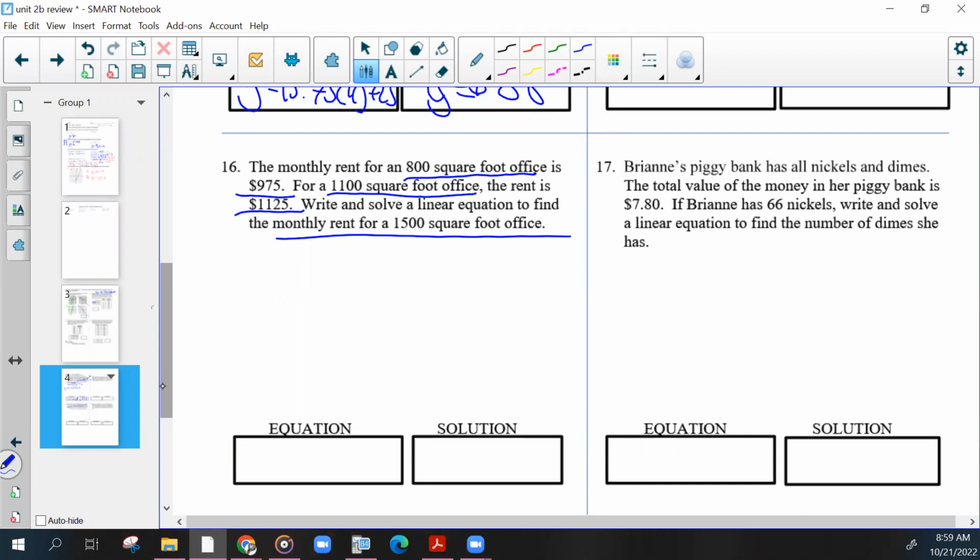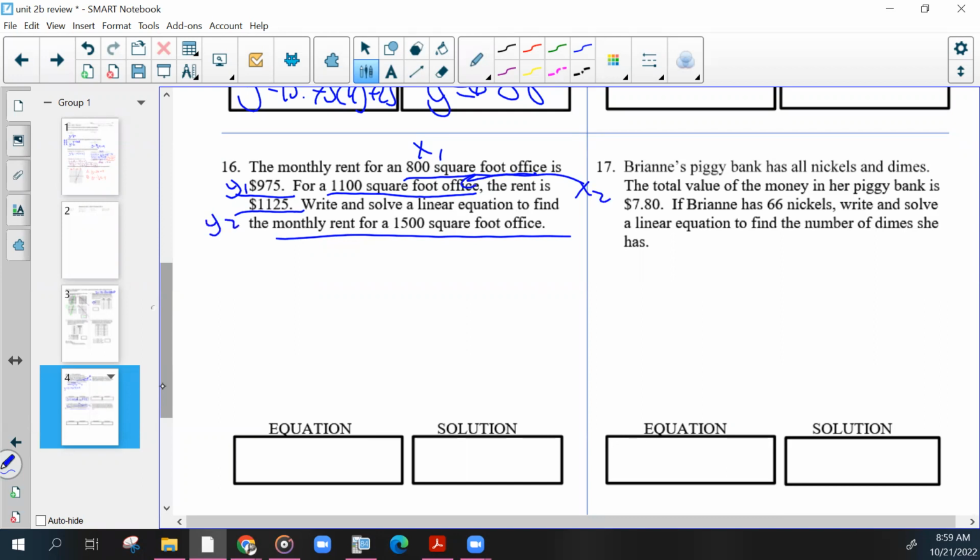A list of 2 sets of ordered pairs. They didn't give us our M because you don't see anything that says per. They didn't give us our B because there's not like a one-time fee. So this would be your X1, Y1, X2, Y2.